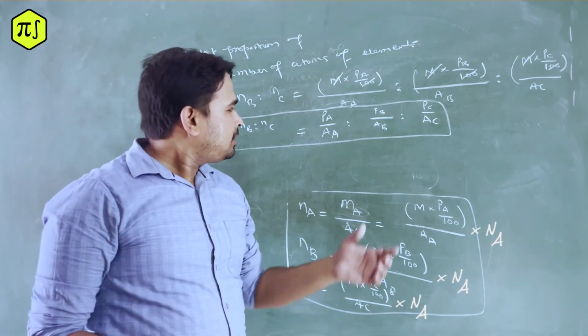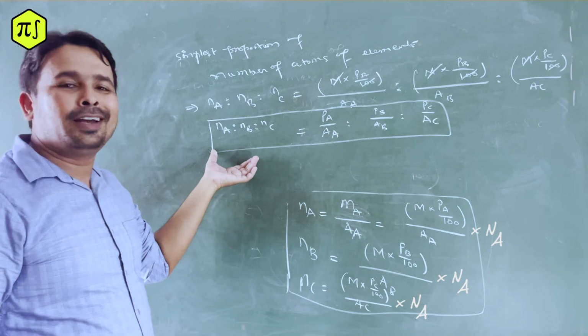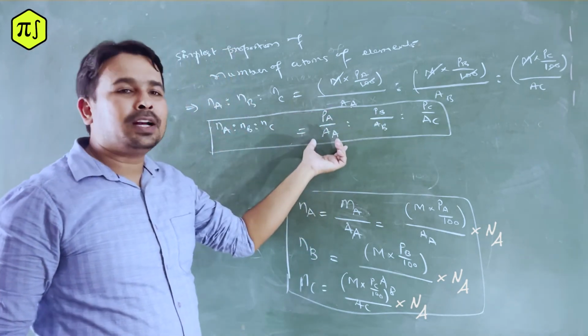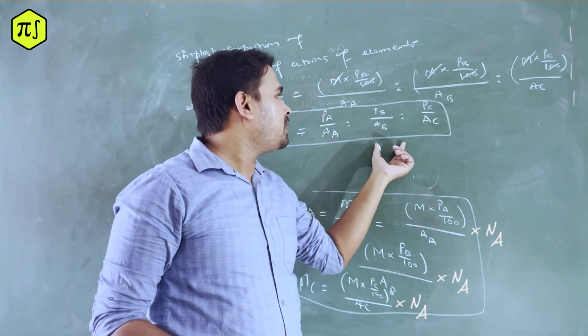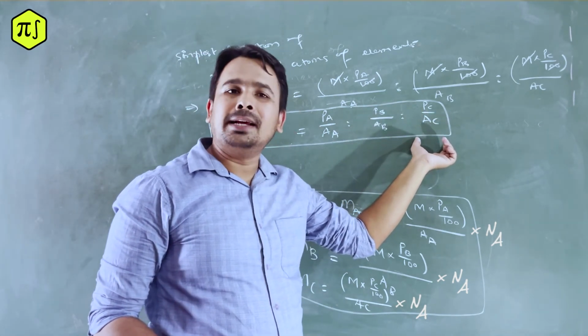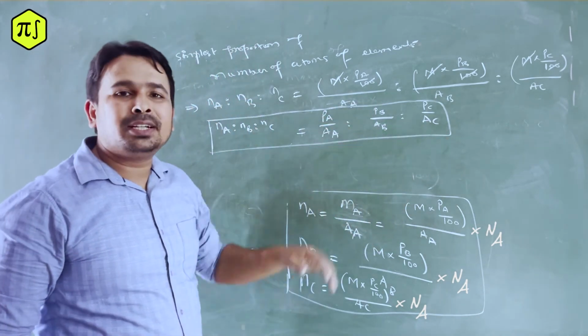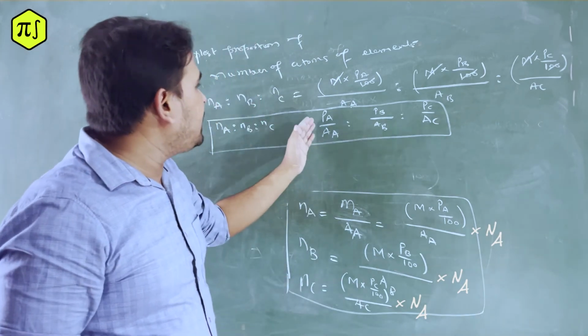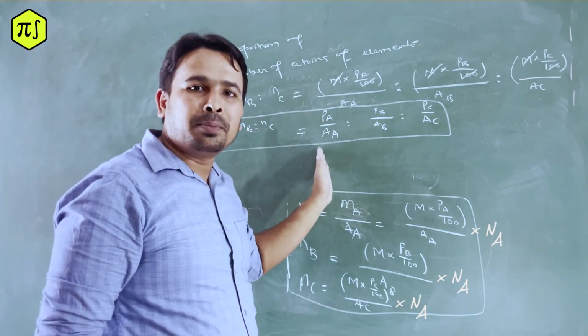So you see here what you are getting is the number of atoms proportion: the percentage composition divided by the atomic mass of A, the percentage composition divided by the atomic mass of B, the percentage composition divided by the atomic mass of C, guys. So this is what you are doing in the tables. The third column, remember the third column. You are dividing the percentage composition by their atomic mass.